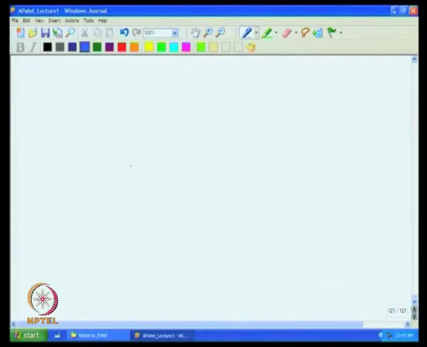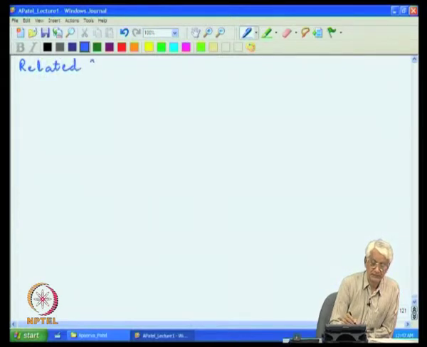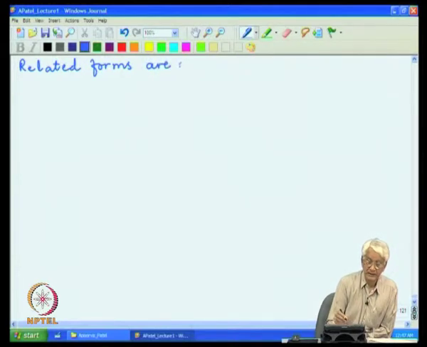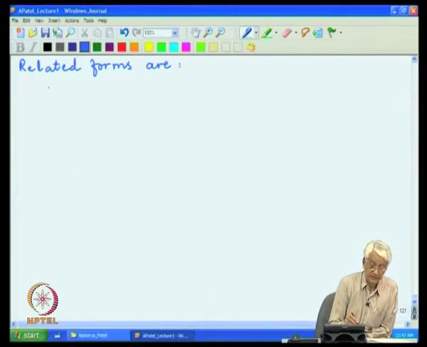I also want to point out related forms which do not involve omega bar, but involve only omega dagger, and one can actually derive them in a rather straightforward fashion with little algebra.